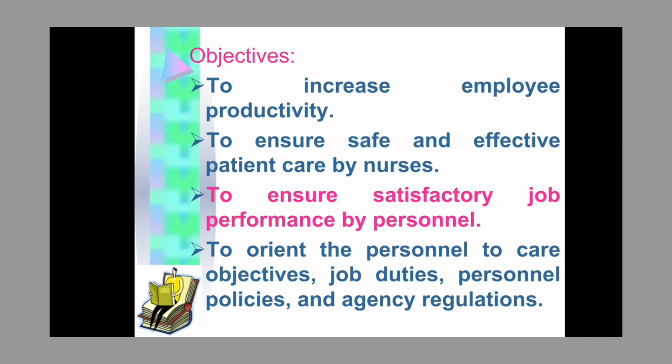Then objectives. To increase the employee productivity, our main aim of the staff development program is to increase the productivity of the person. Then to ensure safe and effective patient care by the nurses, so thereby we can expect more quality care from the person. Then to ensure satisfactory job performance by the personnel, so they are doing better in their job situation.